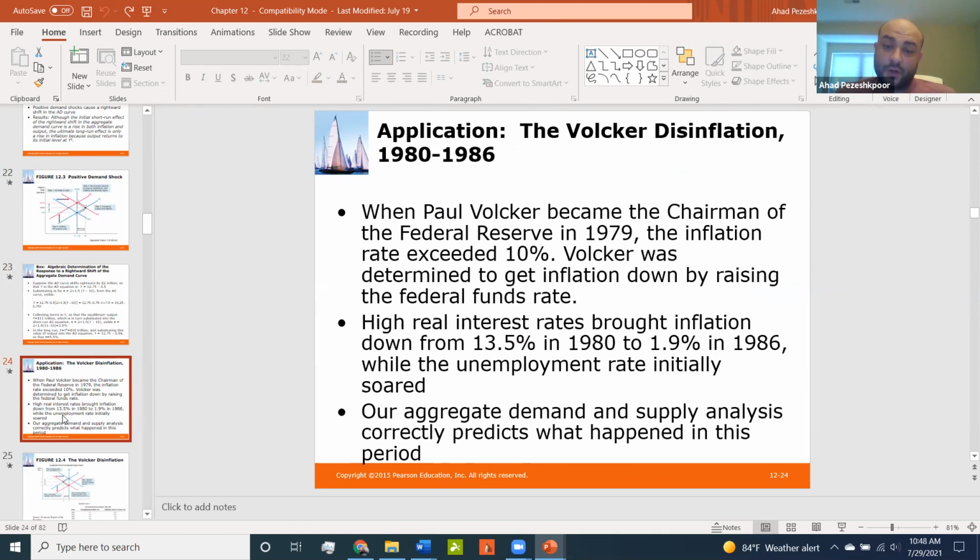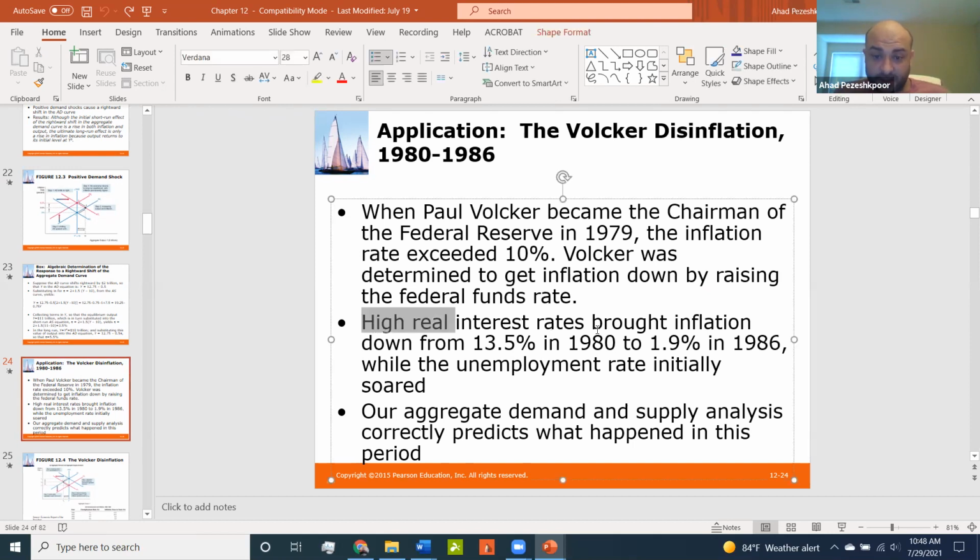Let's look at this historical example. When Paul Volcker became the chairman of the Federal Reserve in 1979, the inflation rate exceeded 10%. Volcker was determined to get inflation down by raising the federal funds rate, that interest rate between banks. By raising the federal funds rate, suddenly inflation would go down.